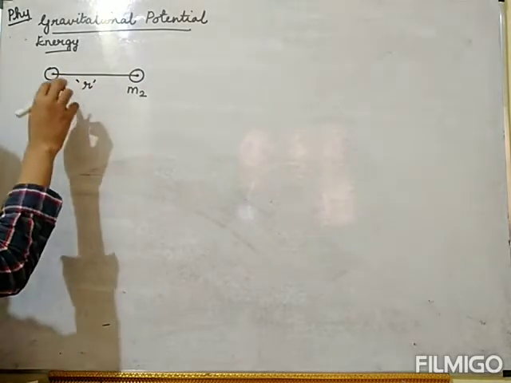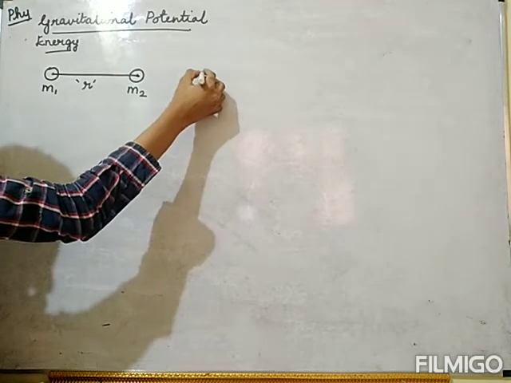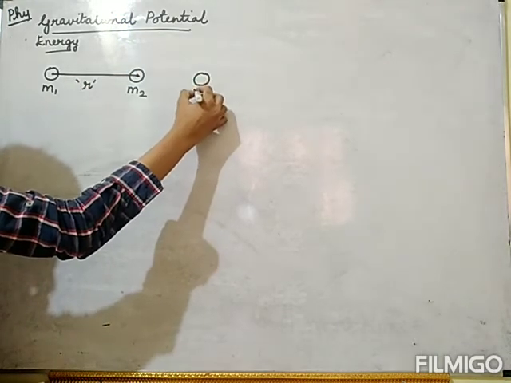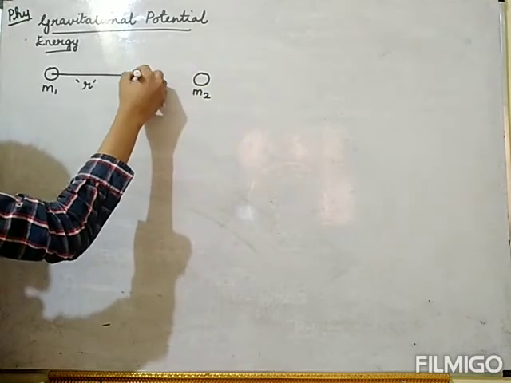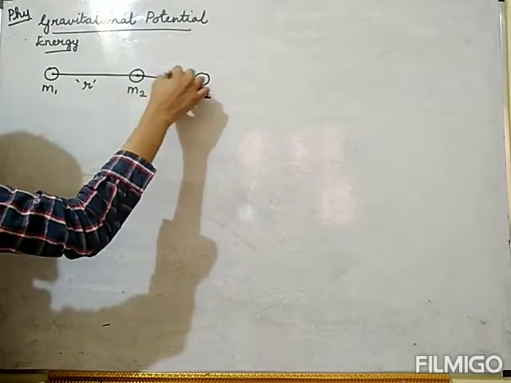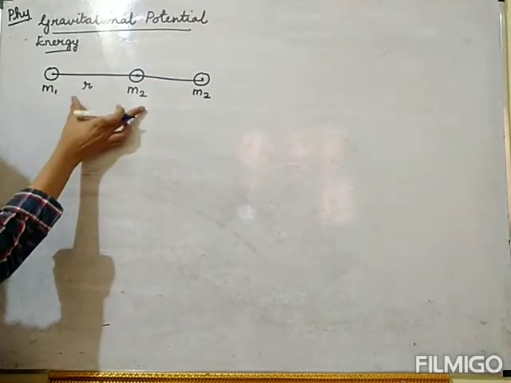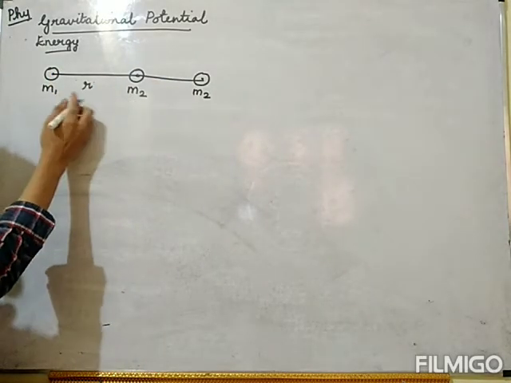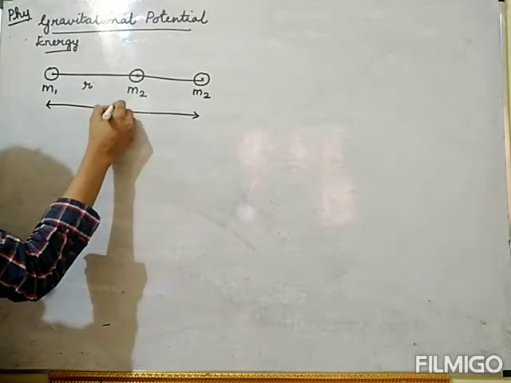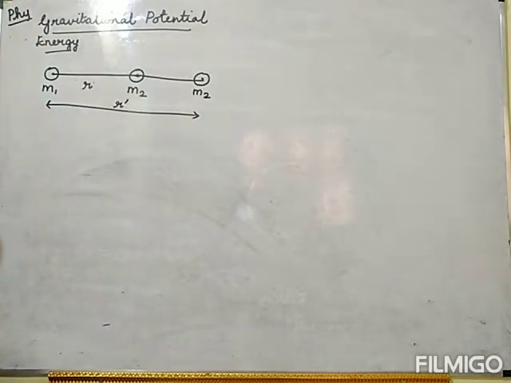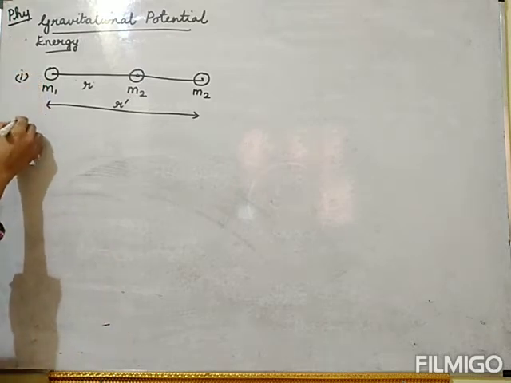First, I am going to move this m2 from this position to this position. First the distance is r, and after moving, the distance is r dash. This is case 1.